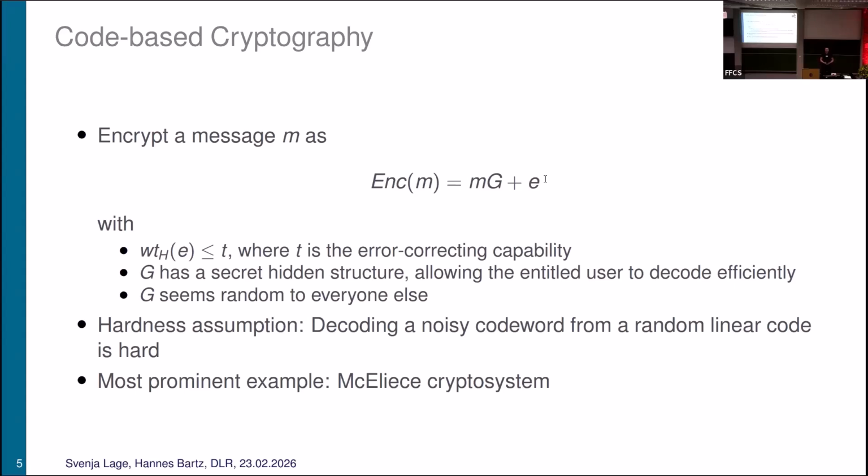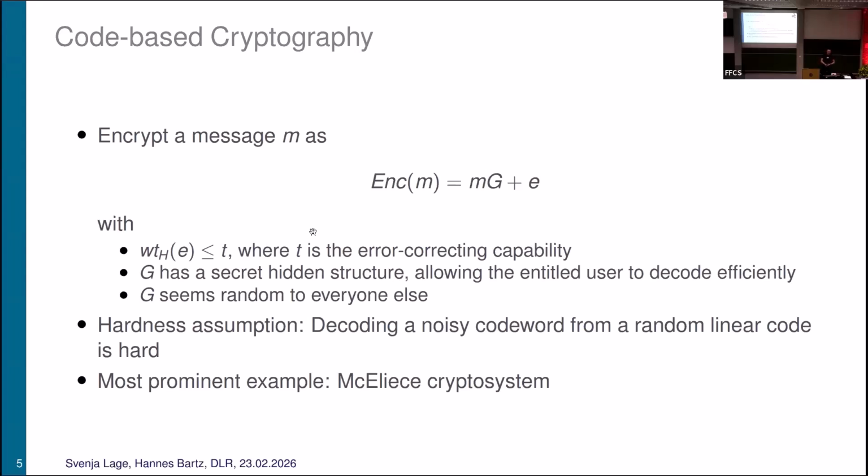So it's given by a channel or by some physical effects that occur. But in crypto, it's something you can design, which is very nice on one hand, but we also see the limitations in the end. So basically we add an artificial error, and we say that in our case, we consider the Hamming metric. We say that the Hamming weight of this error is within the error correction capability of our code. And we have the additional assumption that G has a secret hidden structure, which allows the entitled user to decode efficiently. Yeah? So we need an efficient decoder for our code.